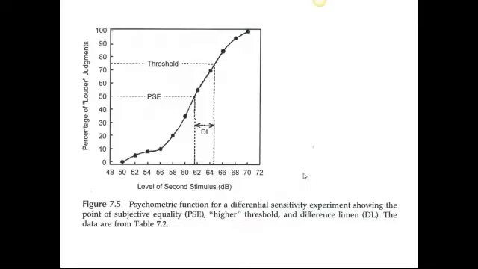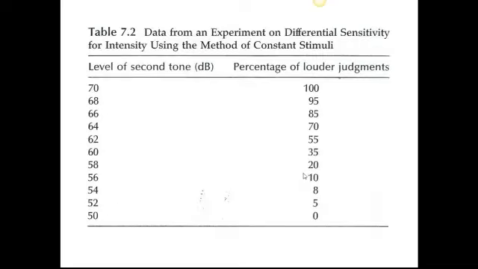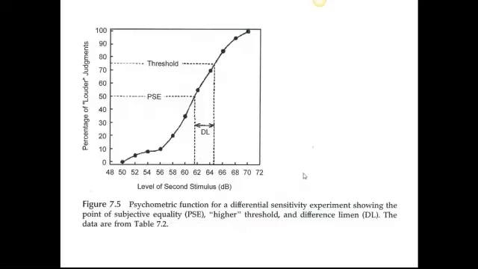So here is the psychometric function of the results, and you can see the psychometric function for differential sensitivity showing the point of subjective equality, or the upper threshold, and the difference limen. And this is all from table 7.2, which is this table right here.